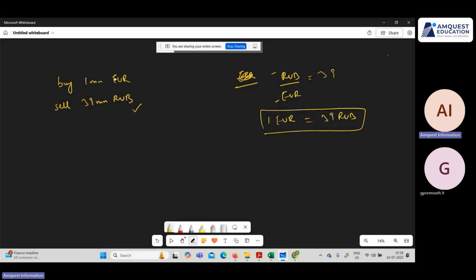Can I say that he will buy 1 million euro, but he will sell 39 million RUB? This is as per contract. Yeah. Now think about this as per spot.